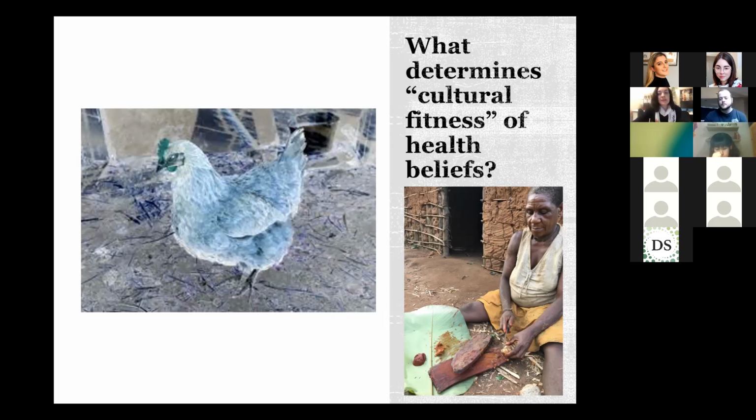The BaYaka believe that this is caused by an invisible creature, and if someone uncautiously steps on this invisible creature, which can be an invisible bird that comes from the sky after a rainbow, then they catch this illness.